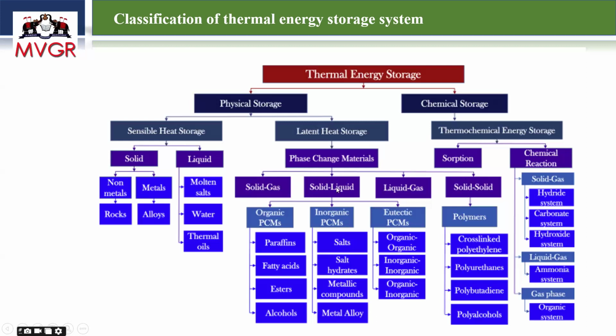For solid to liquid, let us take paraffin wax, a very common material we use in candles. Initially it is in solid state. When you heat it to a temperature of 50 degrees, once it reaches the melting point, the wax slowly converts into liquid.